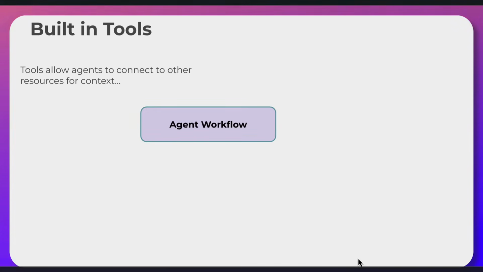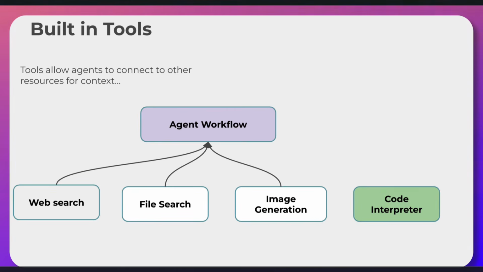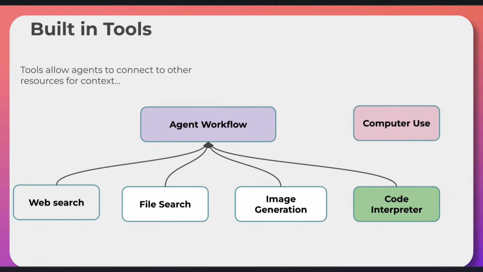Now, tools allow agents to connect to other resources for more context. So if we have agent workflows, these are able to connect to web search, to go and search the web, file search, so you can actually add your own files to the database, in this case a vector database, image generation, as well as code interpretation, so you can have a tool that interprets code and even writes code, and also the capability of computer use, so the agent workflow is able to manipulate the computer and so forth.